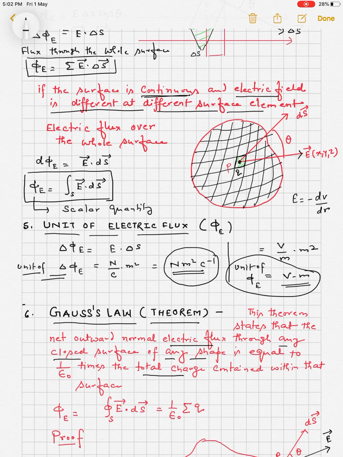Mathematically, phi e, that is electric flux through the closed surface S, is given by phi e is equal to the integration over the entire surface of E vector dot ds vector, which is equal to 1 upon epsilon naught times sigma q.